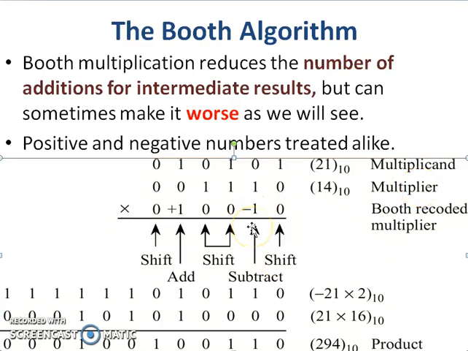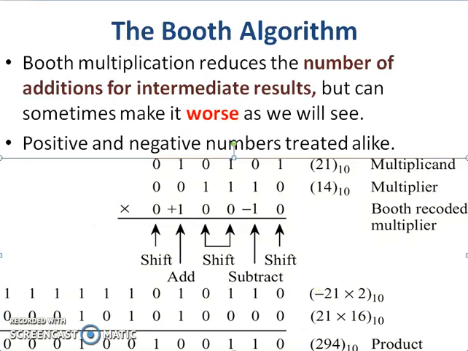In this case, the Booth recoded multiplier contains -1 and +1, meaning one addition operation and one subtraction operation, and we discussed this case in detail.